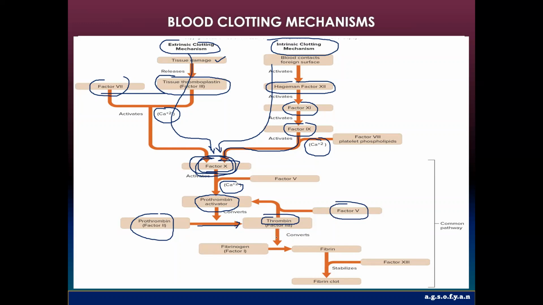And then these thrombins will be used to convert the fibrinogen, which is factor number 1, into fibrin thread. And we need another factor over here, number 13, to create a clot of this fibrin. So this is the process of clotting, whether from the extrinsic mechanism or the intrinsic clotting mechanism.